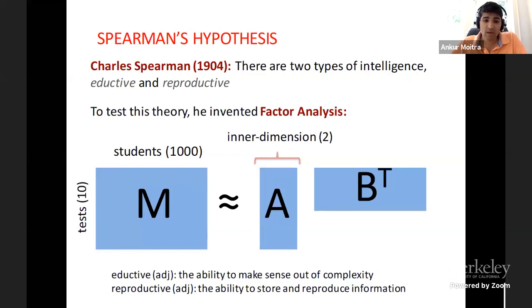What he believed was that the columns of A would represent which types of tests tested what elements of inductive versus reproductive reasoning, and each column in B transpose represents the aptitude of the student in inductive versus reproductive reasoning. This is a hypothesis you can try to test out, and he found some results that seem to support his conclusion. In psychology, people have continued to study this, and they've created a hierarchy of different notions of intelligence and how they relate through things like factor analysis.